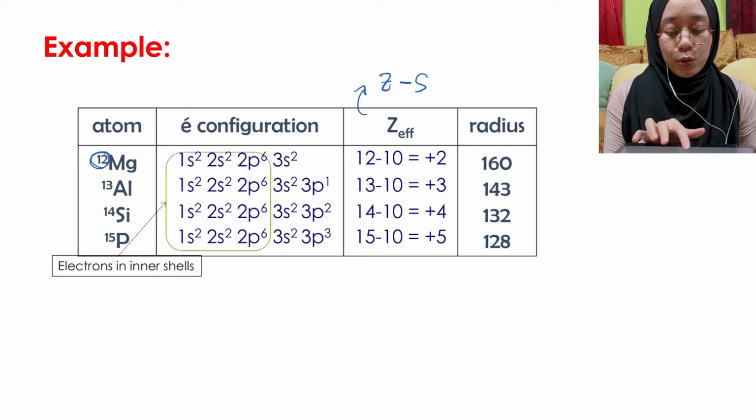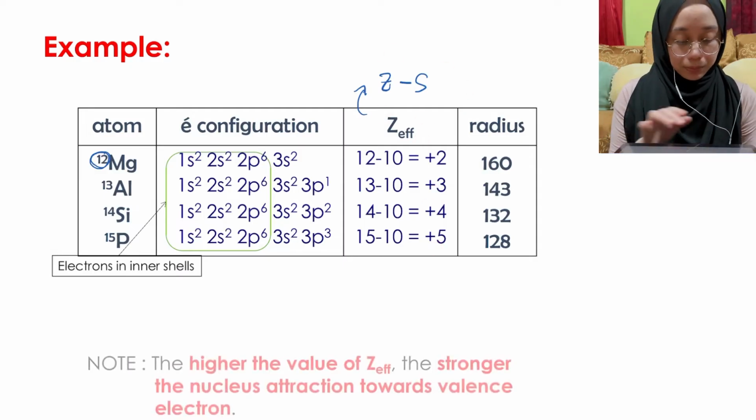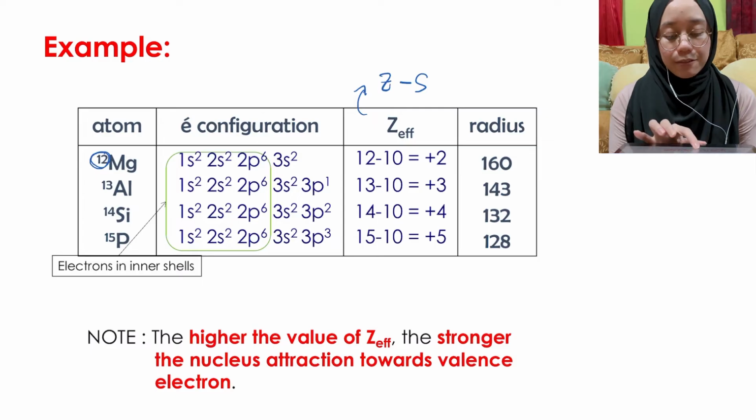So do you have to know how to calculate this? Not really, but you need to know the formula at least, to understand how you get this value. So the higher the value of ZEF, the stronger the nucleus attraction towards valence electron.